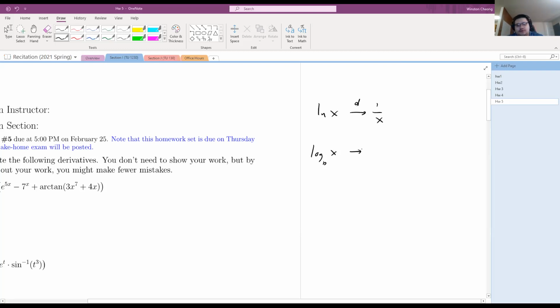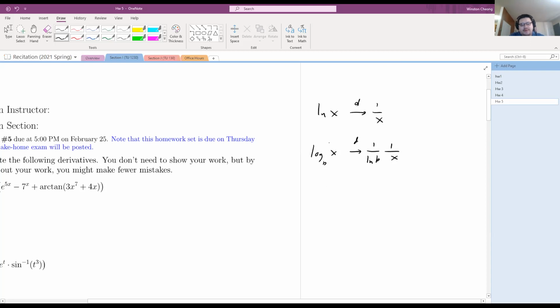Okay. So now if you're taking the derivative of an arbitrary log function, not over base e as the natural log is, but over some arbitrary base, you still have a 1 over x, but you have a correction factor, 1 over ln of b.